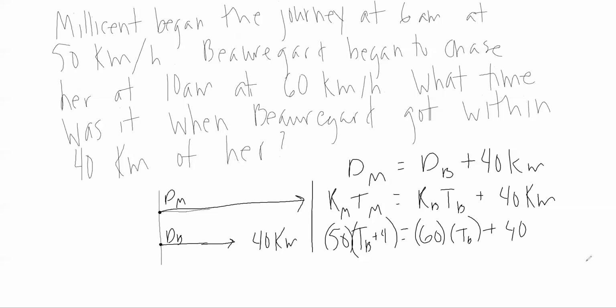So let me move this here. So now I'm going to distribute. I'm going to have 50 TB plus 200 equals 60 TB plus 40. Sorry about the baby, I'm going to get her in a second.